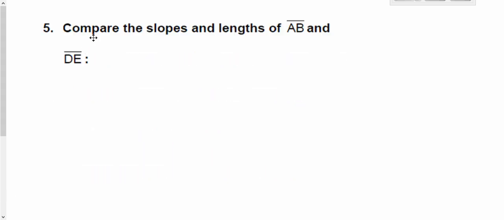Then step 5 would be to compare the slopes and the lengths of side AB and segment DE. In other words, this midsegment and its third side that corresponds to it. So you will need the slope formula, you will need the distance formula. Again, those are in the formula section.